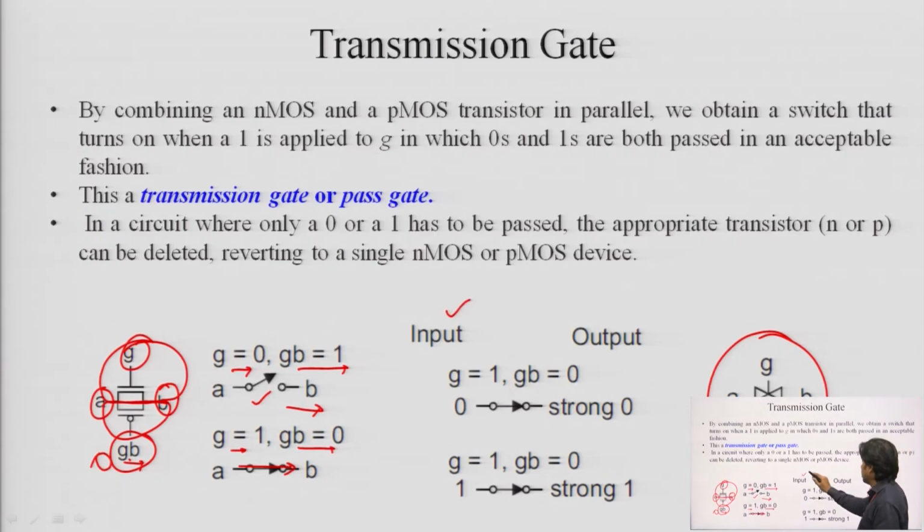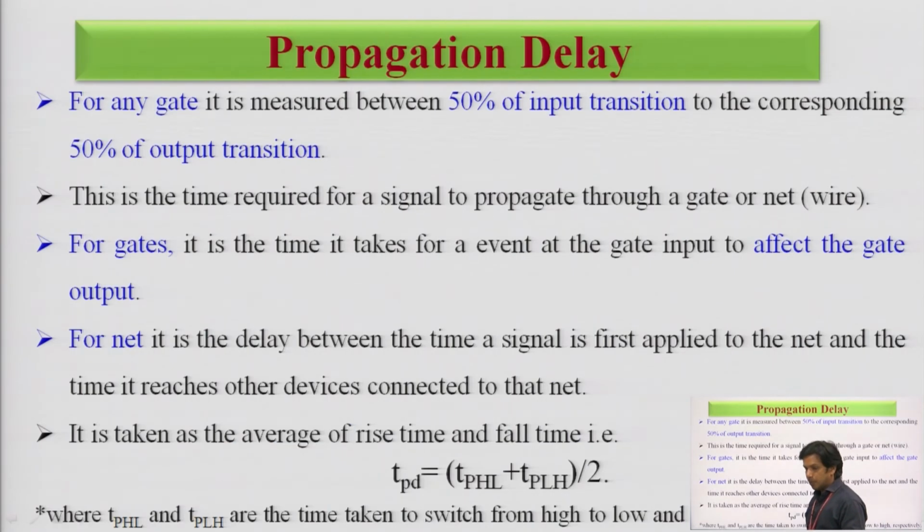And you can observe the input and output phenomena from here, which shows a strong 0 and strong 1 for the applied input. Now, apart from that, we also have to understand the delay, how we are going to find out the delay, that we will also see. For any gate, it is measured between 50% of the input transition to the corresponding 50% of the output transition, clear.